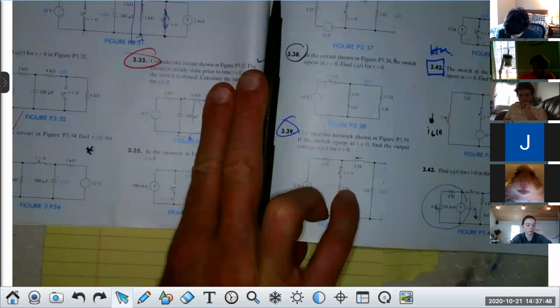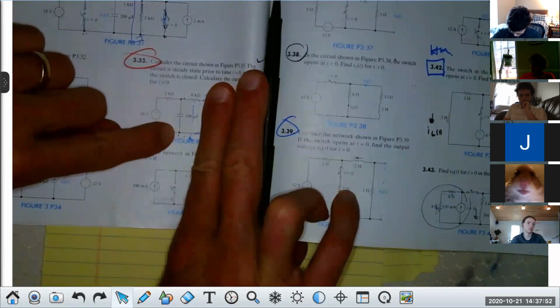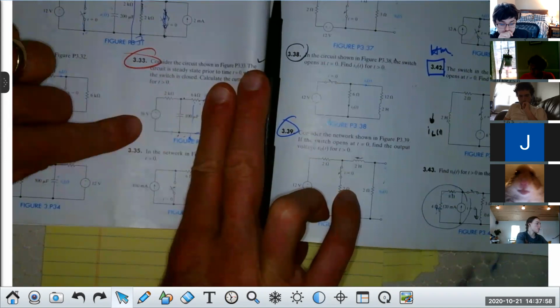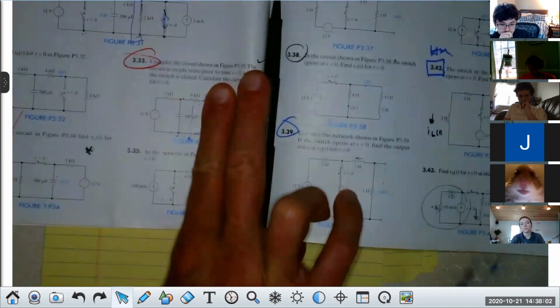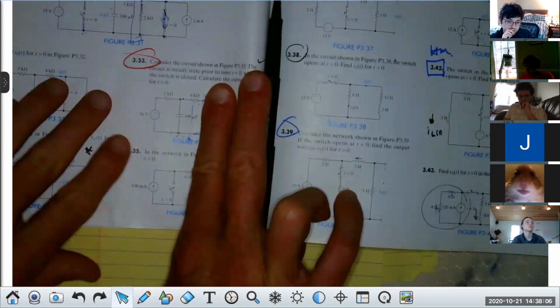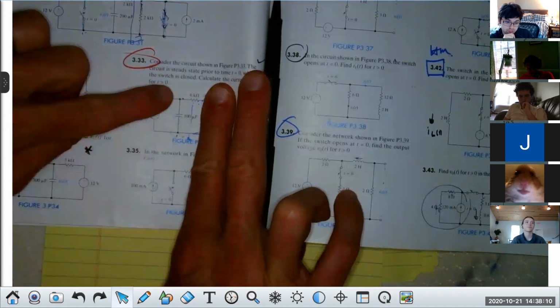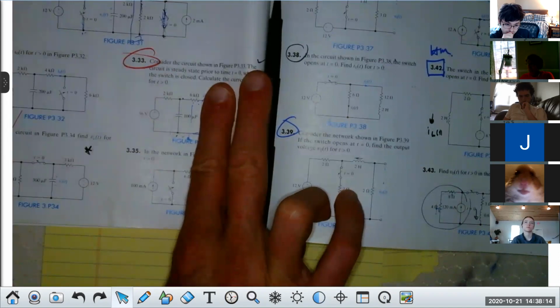So I've got the voltage across the 6K, don't I? If that voltage is across the 6K, this 36 volts and 2K have nothing to do with the actual current through that capacitor for T greater than 0. This part has no bearing, because the voltage across the 6K is the voltage across the capacitor that we've got. How many see that?